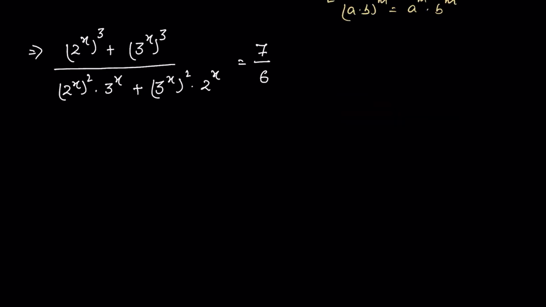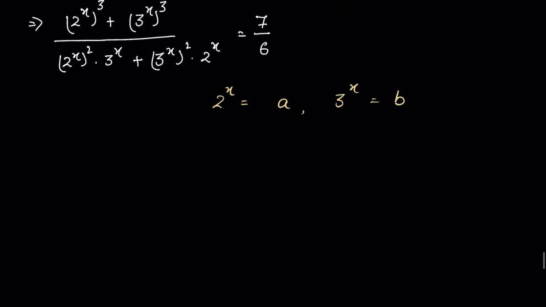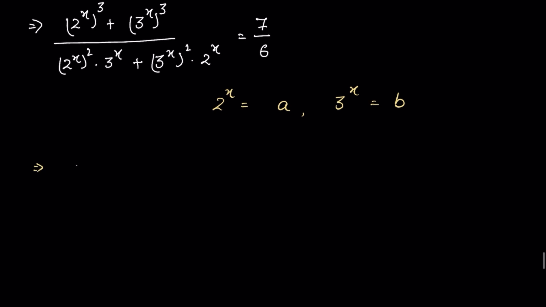Now let us consider 2^x equals a and 3^x equals b. Then we have a cube plus b cube upon a square b plus b square a equals 7 upon 6.